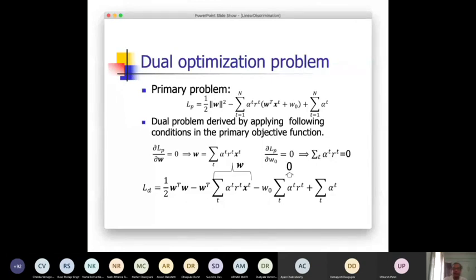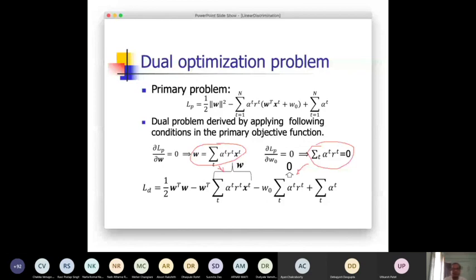You can see if you look at the two equations above. Let me also point out this equation, and this equation. From this you are applying this equation here, and you are applying this equation here. So you get this, and then further reduction is possible, which gives you this.